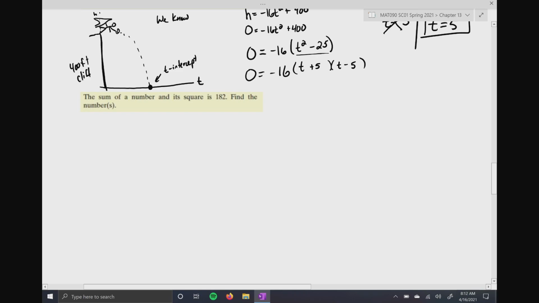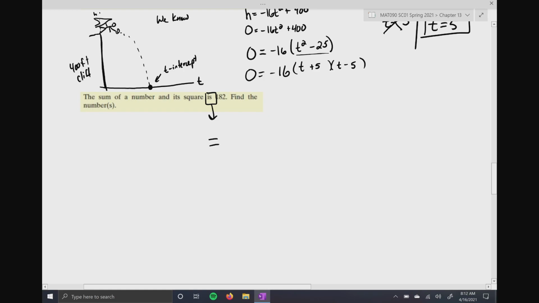So this is just a standard word problem. Nothing special about this. The sum of a number and its square is 182. Find the numbers. When you approach a problem like this, where there's no story behind it, it's just a boring problem. First thing I'm going to do is find the equal sign and put an equal sign.